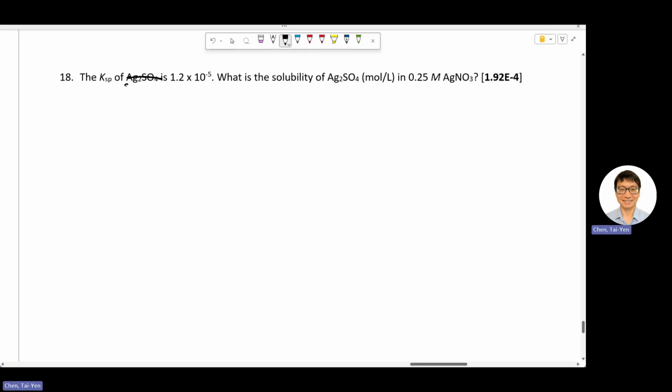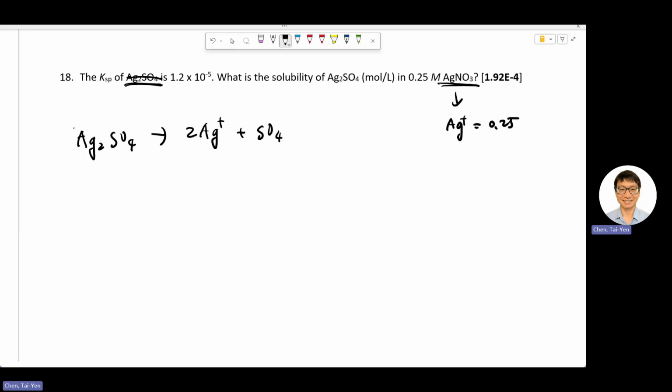This guy. And that is the soluble salt that's going to produce Ag plus equal to 0.25. Ag2SO4 is going to become 2Ag plus and SO4 2 minus, with KSP equal to 1.2 times 10 to the negative 5.